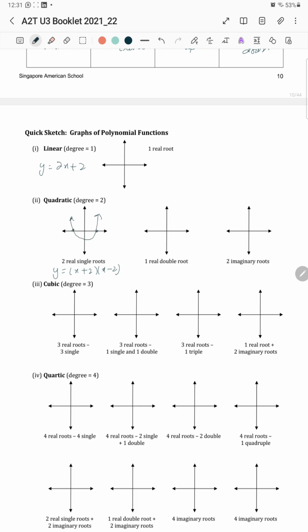Or it can have one real double root. (x minus 2) whole square means one real double root. 2 imaginary roots means there is no point on the x-axis.